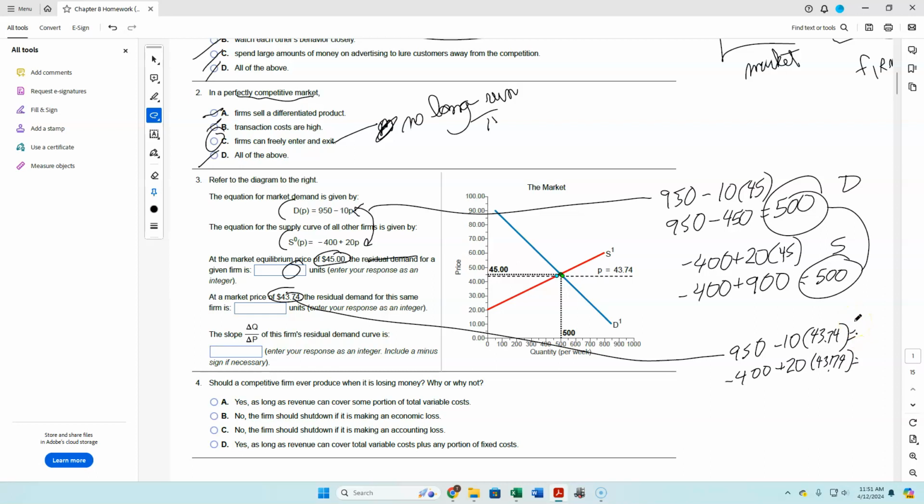That gives me 512.6. Again, yours is going to be maybe a little bit different. Your number given might be a little bit different. But all I'm doing here is just plugging in that number that they gave me, that price.